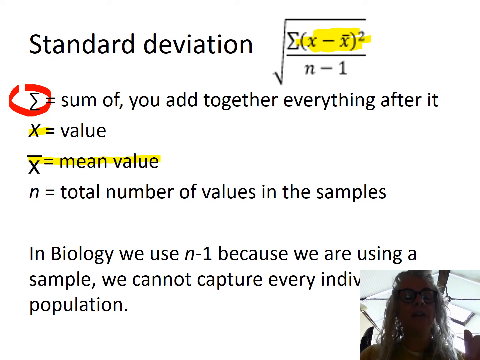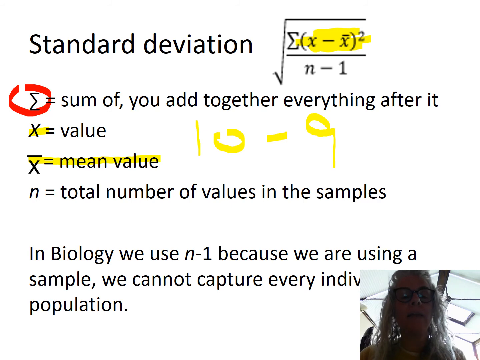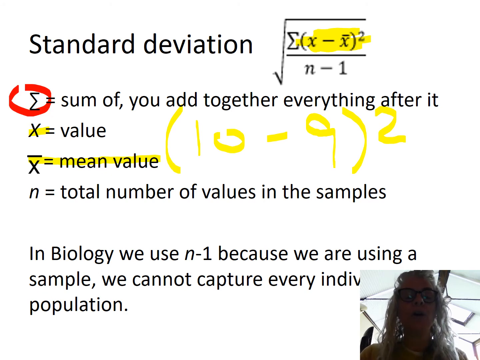So if your value is 10 and your mean is 9, it would be 10 minus 9. That's the bit in the brackets. And then what do you do to those? You square them. Okay? Now that's just one value. You've got to do that for every single value that you have in your sample.